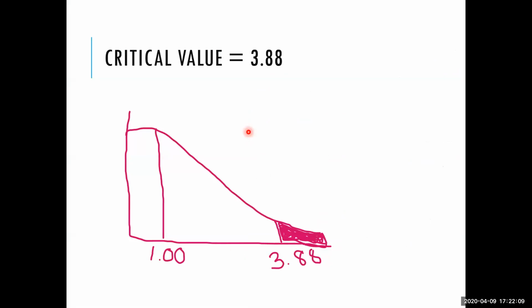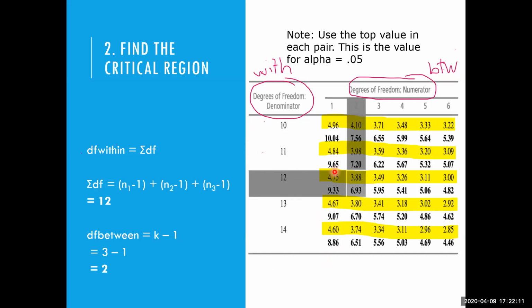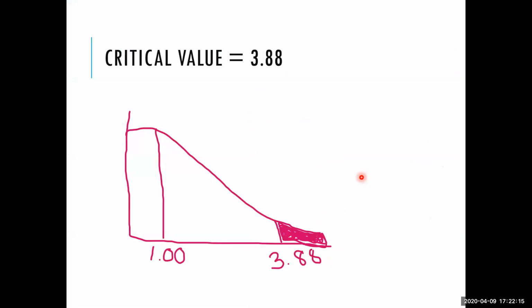So our critical value, let's go back up here, is 3.88. Of course we have a positively skewed distribution, so it's going to be a positive number, and we hope that the F ratio is as far right from 1 as possible. Why is that? Because 1 is now our null hypothesis.